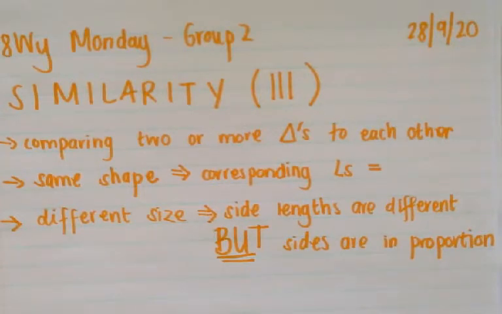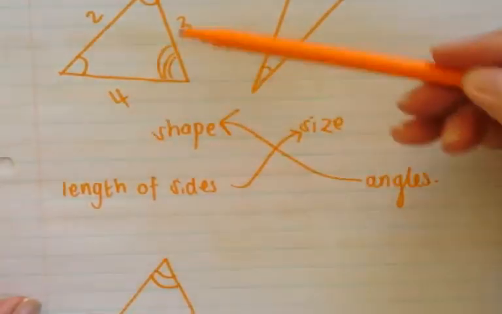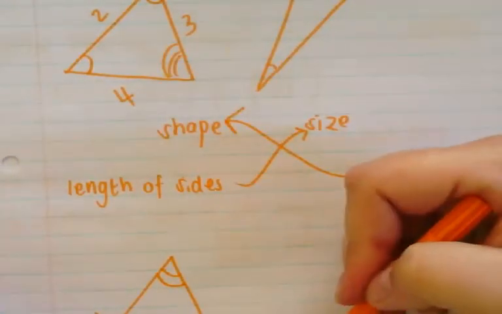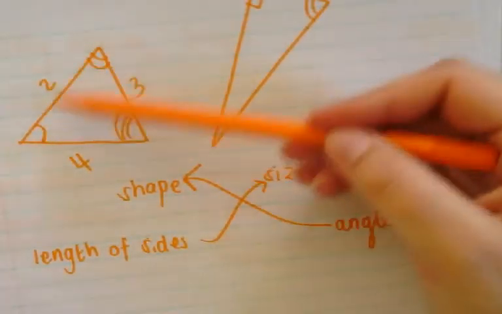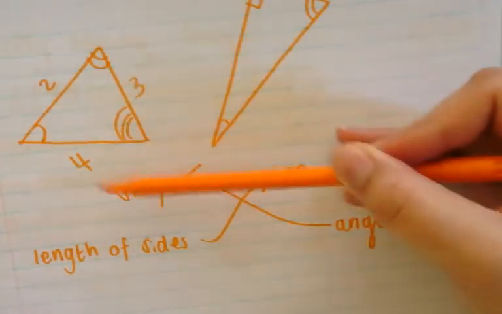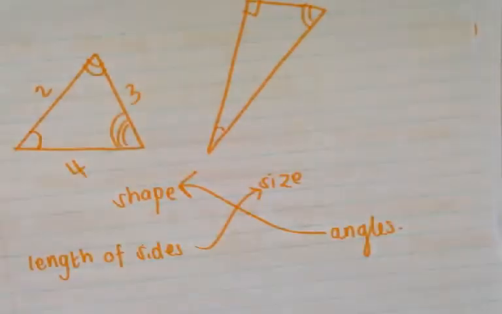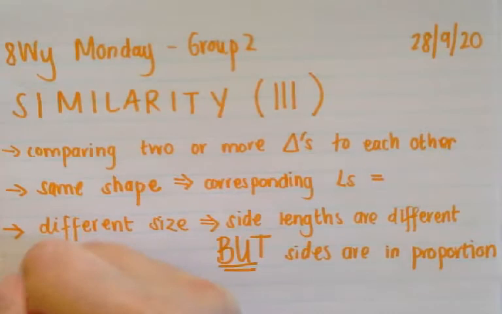So when I talk about sides that are in proportion, remember we spoke about the fact that these 2 triangles that we had, this one and that one, we doubled every side. That is what I'm talking about with proportion, that the one side length increases with the same amount as the other side lengths. Okay? So sides are in proportion when every side increases with the same amount. So I'm just going to make a note here.